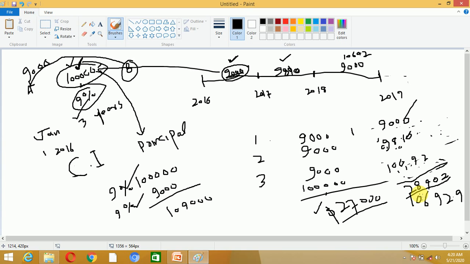It means we are receiving about 1,900 more as compared to simple interest.